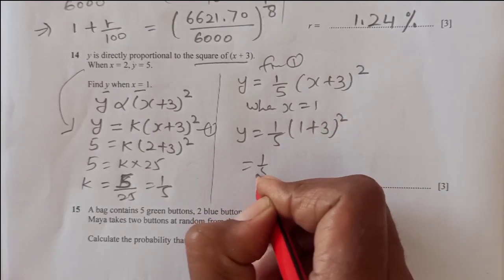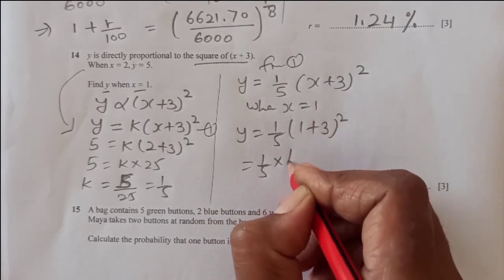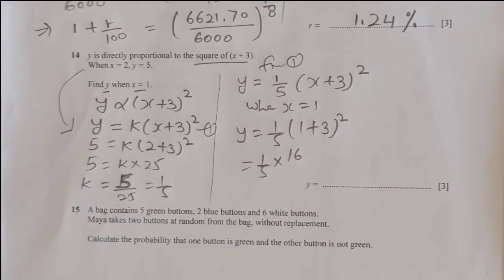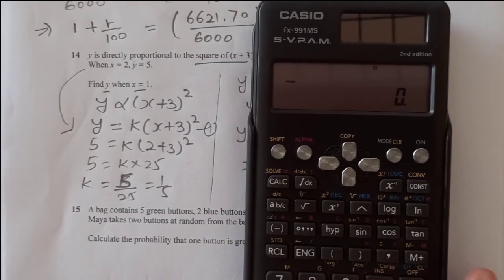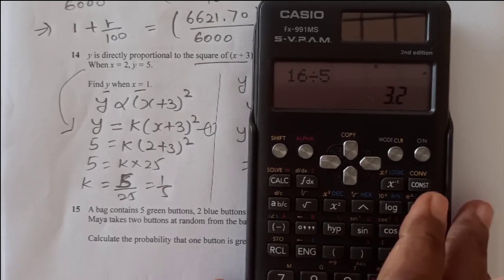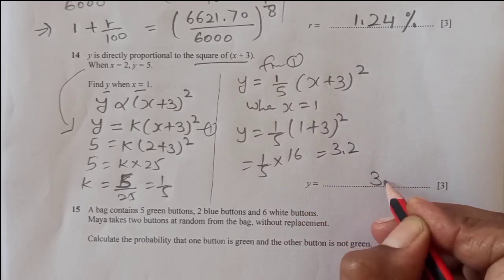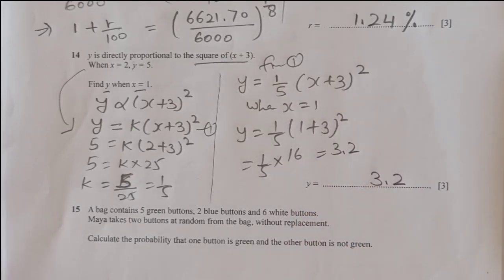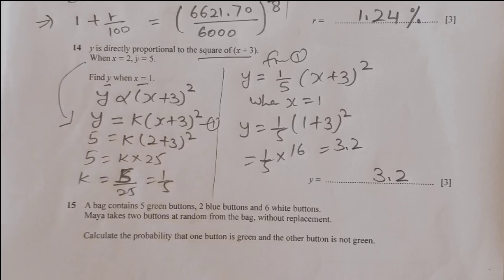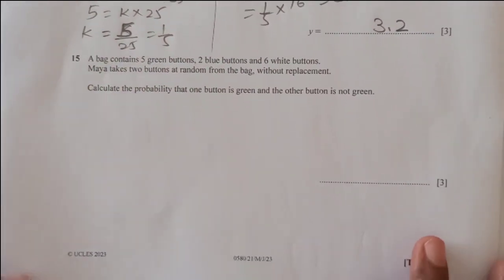So this is 4, 4 squared is 16. So 16 divided by 5 is 3.2. So value of y is 3.2, right?